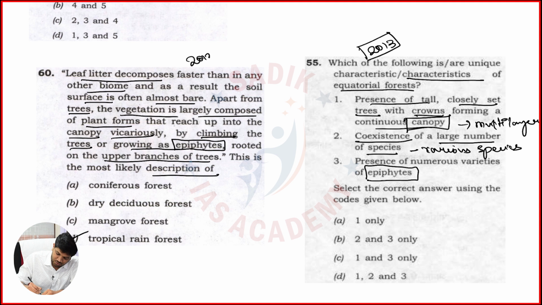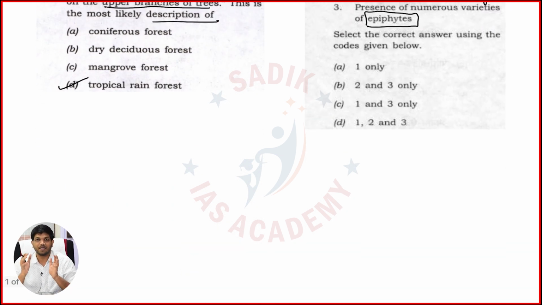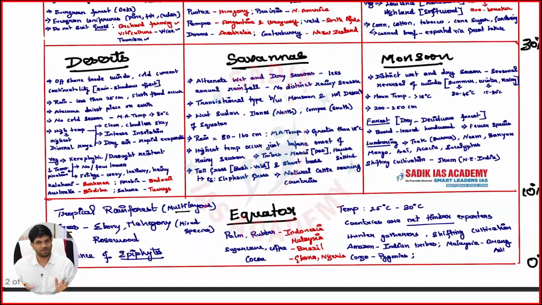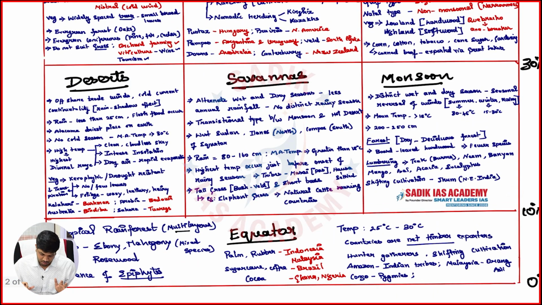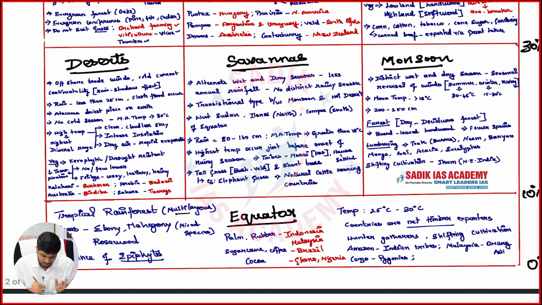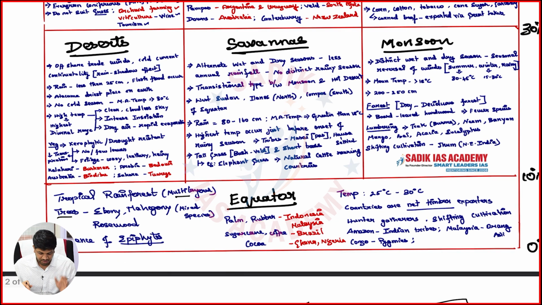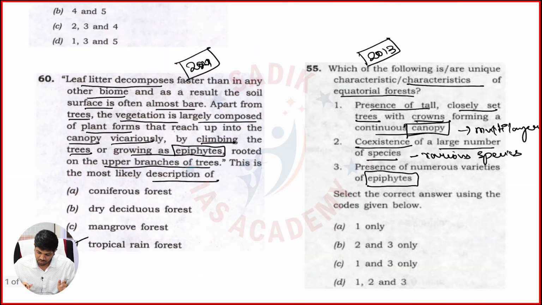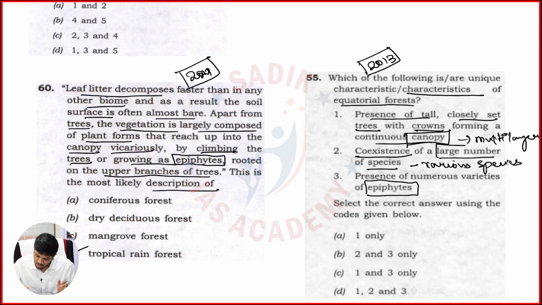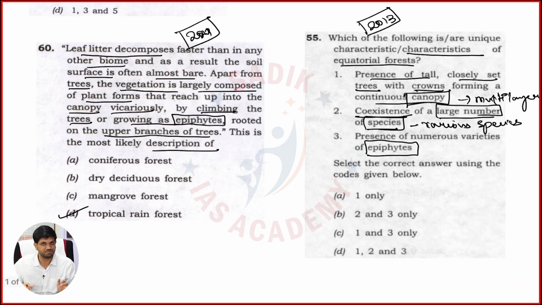This question was asked in 2021. See, using the previous year question paper knowledge also, you could have solved this question, and also with the help of remembrance. How you can remember is by using this checkerboard technique, friends. Okay, so the forest type in equator is tropical rainforest, and trees are ebony, multiple species. This is what they are talking about, coexistence of a large number of species, multiple species.